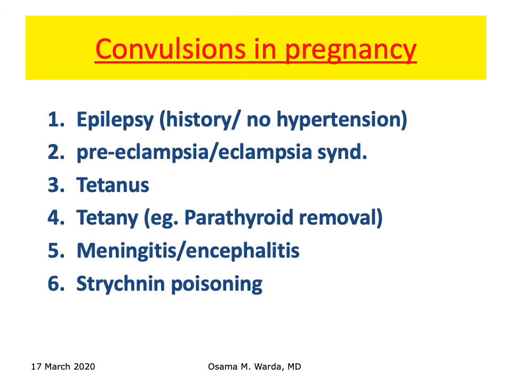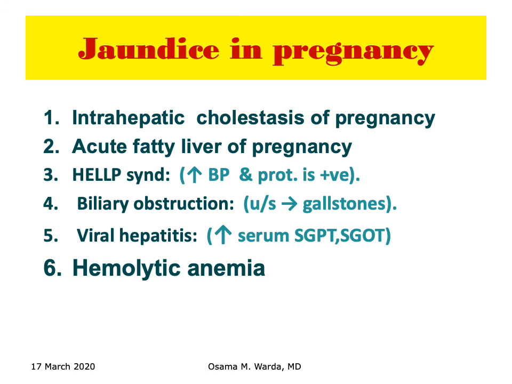It may be due to tetany, as in parathyroid removal accidentally with thyroidectomy, meningitis and encephalitis with arching and history of infection and positive CSF culture, strychnine poisoning, which is rare nowadays.